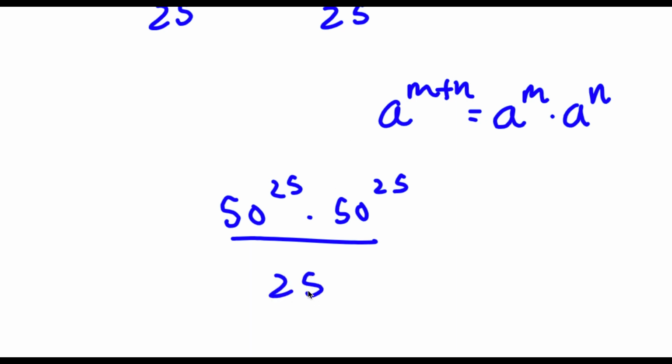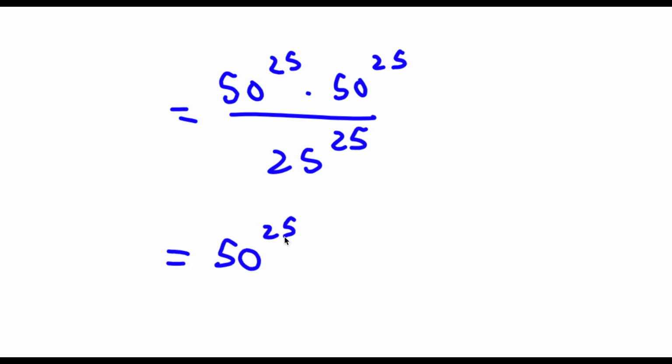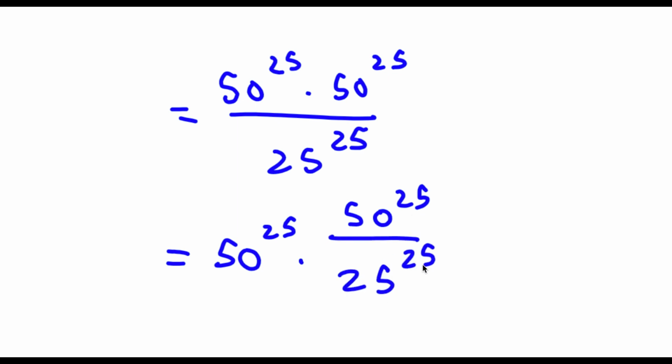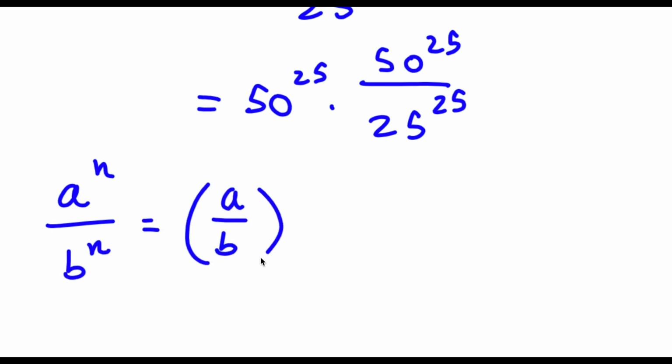Now I have this over 25 to the power of 25. Now, this is the same thing as 50 to the power of 25 times 50 to the power of 25 over 25 to the power of 25. And now, if I have something in the form a to the power of n over b to the power of n, this is simply equal to a over b to the power of n.